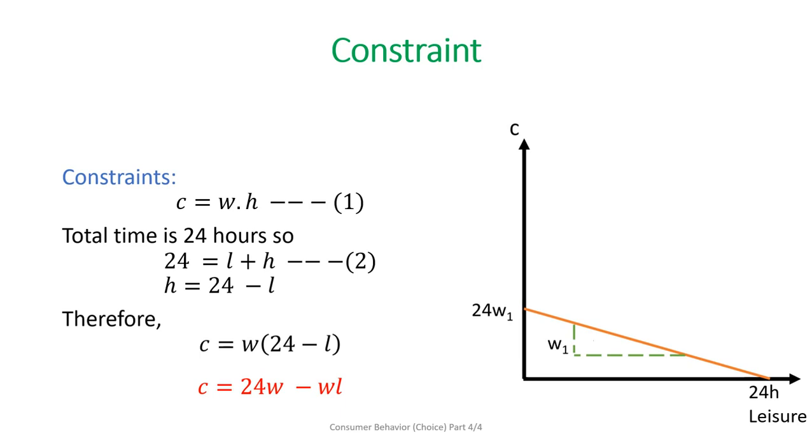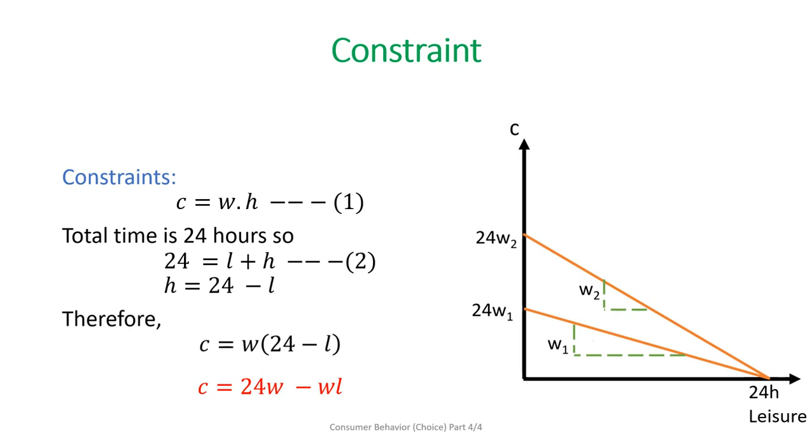The negative sign shows that this line will be downward sloping. If the wage rate increases, that increases our income, and so it also increases the consumption level. This also changes the slope of this constraint line.